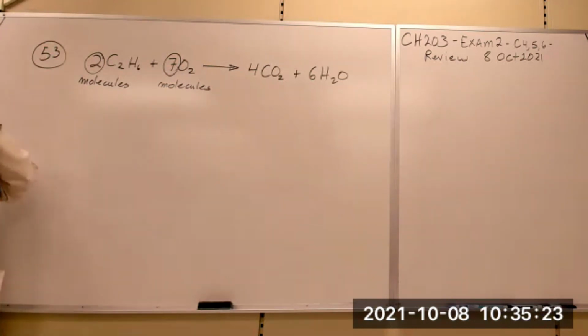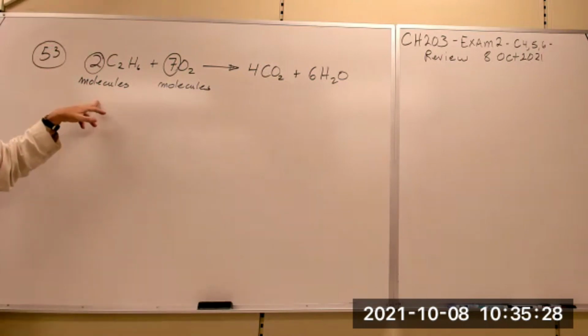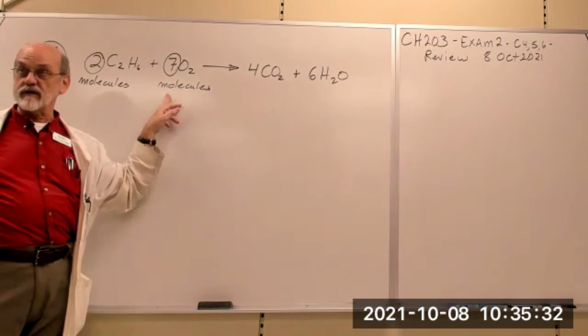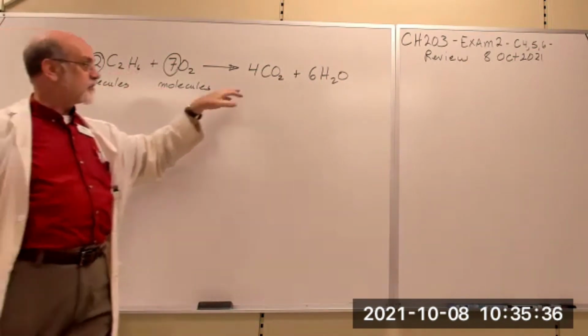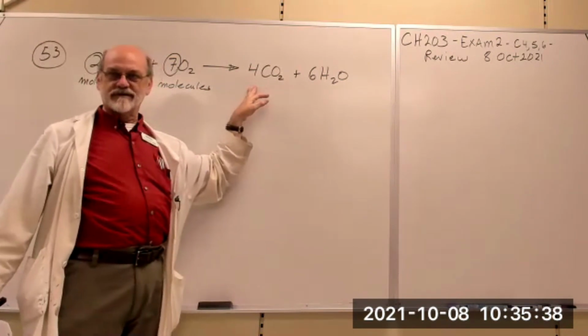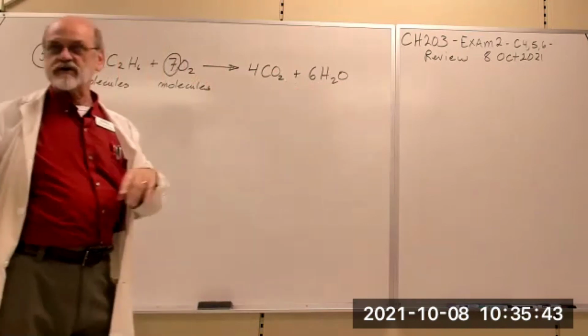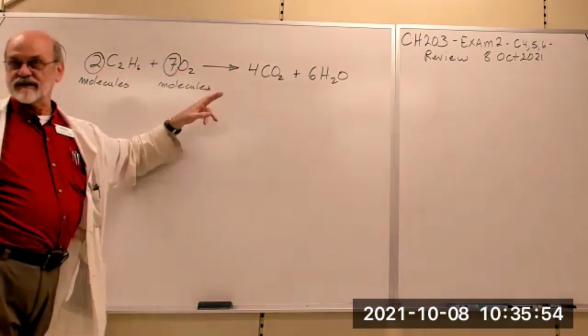If you have 2 moles of this one, 2 times 6.022 times 10 to the 23rd, and then you have 7 times 6.022 times 10 to the 23rd of these, they get together, they produce 4 times Avogadro's number and 6 times Avogadro's number. The ratio is still the same. That's how we look at balanced equations in terms of numbers of molecules based upon the coefficients.